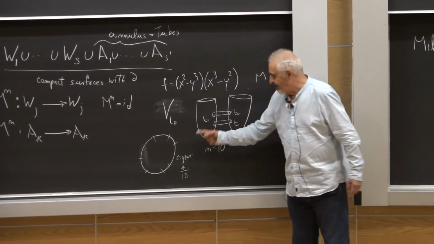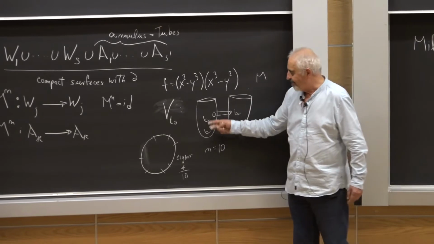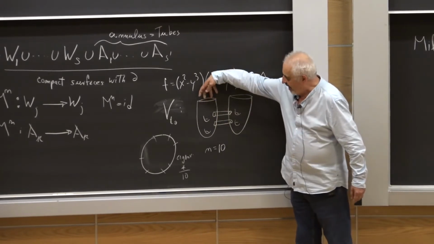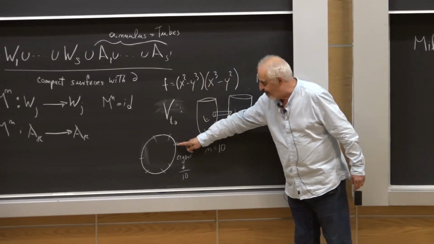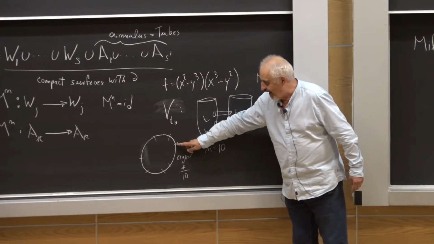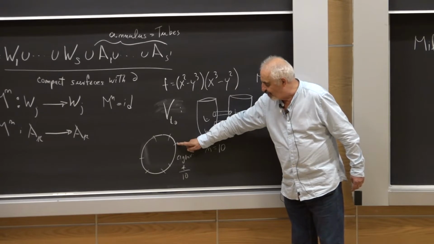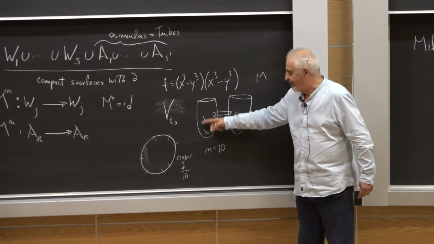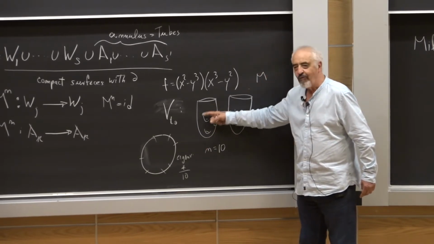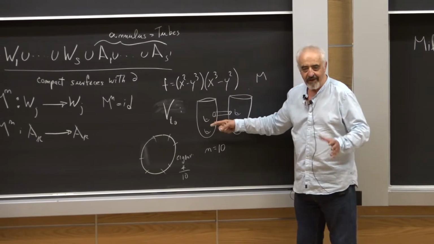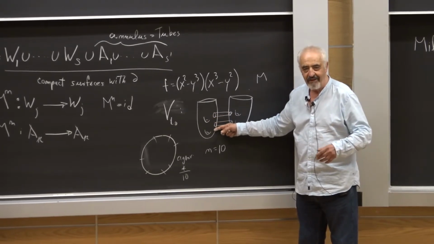But in this case, what's going to happen is the following. If I try to figure out what is the eigenvector corresponding to this eigenvalue, it will be some combination of one homology here, but it might be complicated here.